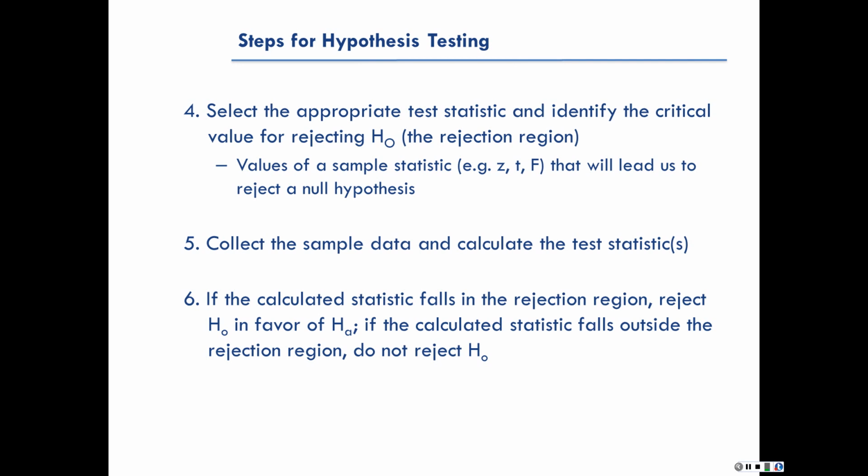Then fifthly, we want to collect our sample data and then calculate the test statistic. Lastly, if the calculated statistic falls in the rejection region, then we reject our null hypothesis in favor of the alternate hypothesis. But if the calculated statistic falls outside of the rejection region, then we don't reject our null hypothesis and we stick with the status quo.